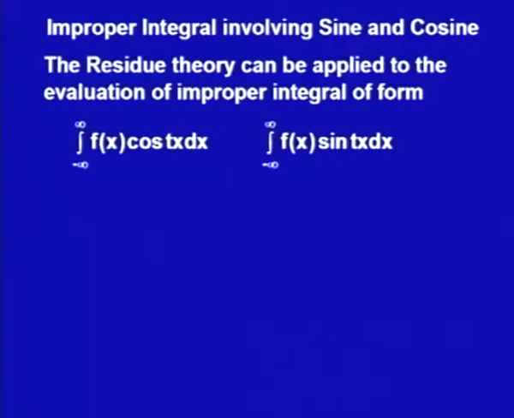Here we would first assume that f(x) satisfies all those conditions which we learned in the last lecture: f(x) is again a rational function, a ratio of two polynomials p(x) and q(x), where p and q have no common factors, and the degree of q, the denominator, is at least 2 higher than the degree of the numerator.